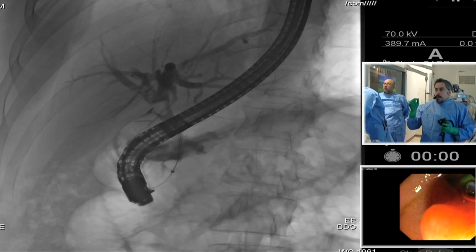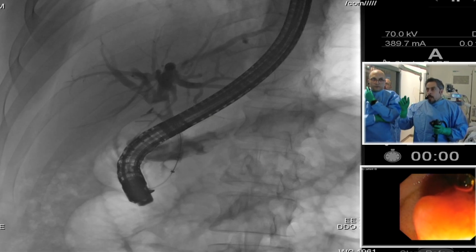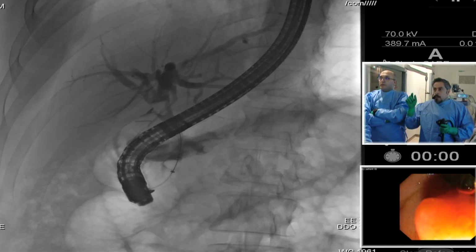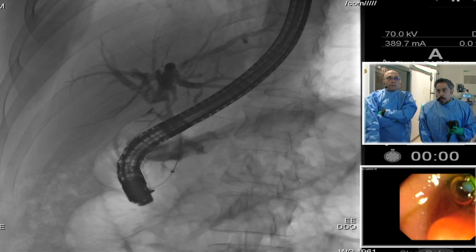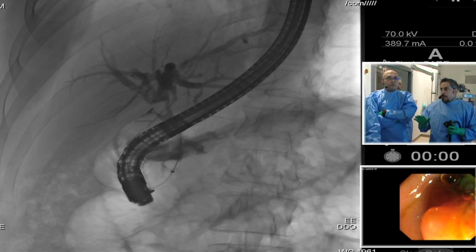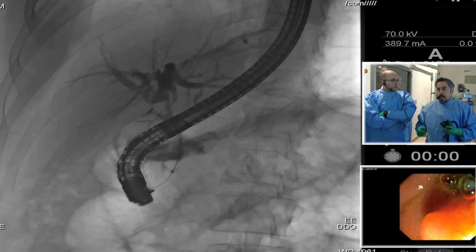So if you take the ratio of the distal CBD just above the papilla, and you divide it by the widest diameter of the CBD or the common hepatic duct, you will see by definition that this is a tapered stone. So by definition, if you have a tapered stone, then that's probably going to be a complex stone to extract, and then you probably need to do a sphincteroplasty.